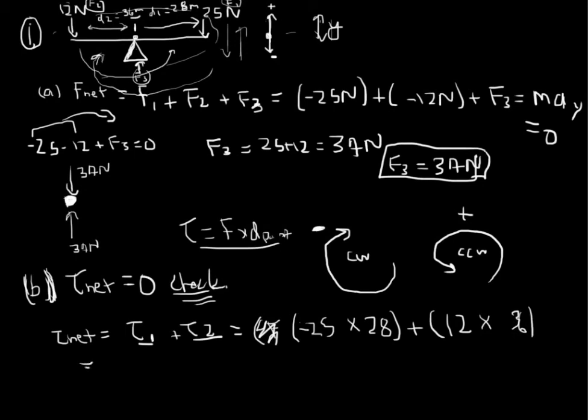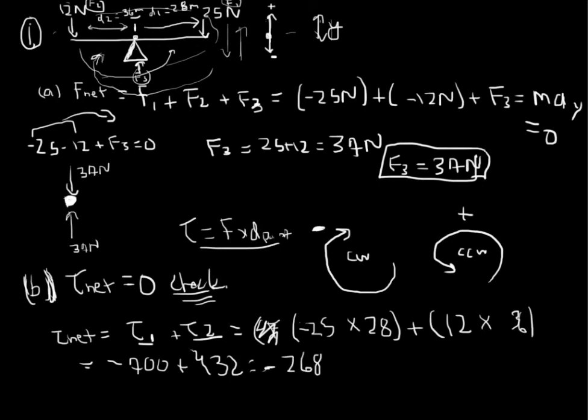It's equal to, let me just punch it in the calculator. 25 times 28, so negative 700, plus 432, and you get negative 268.